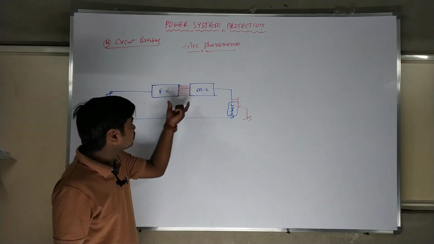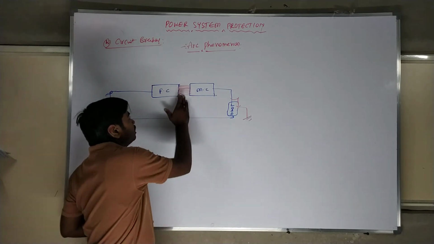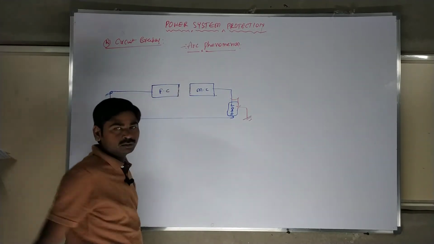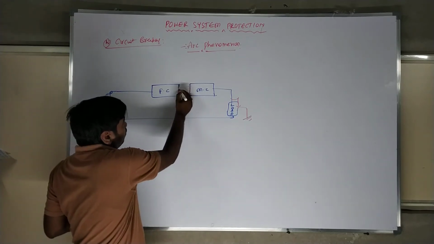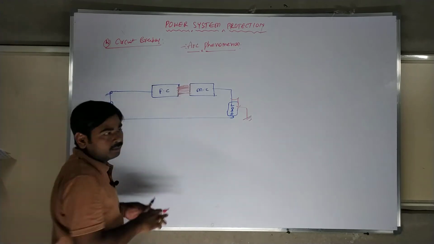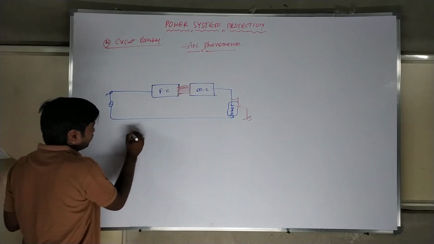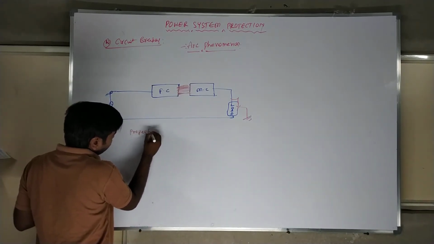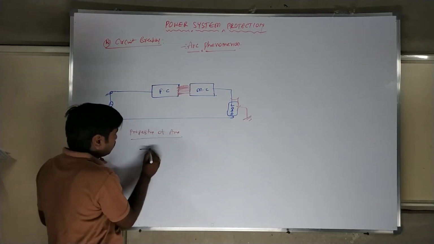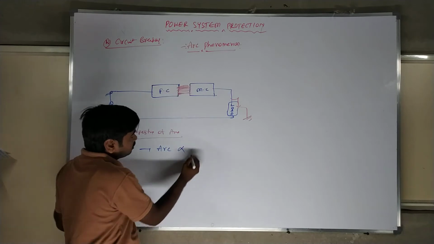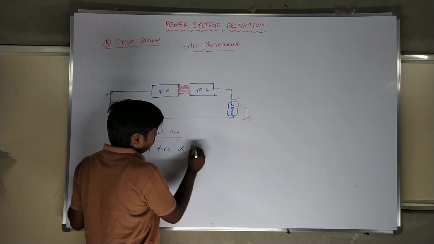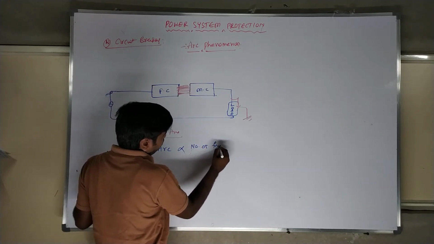To reduce this arcing, you have to remove the arc completely to completely isolate. First, let us see the properties of the arc. The arc is proportional to the number of free electrons.